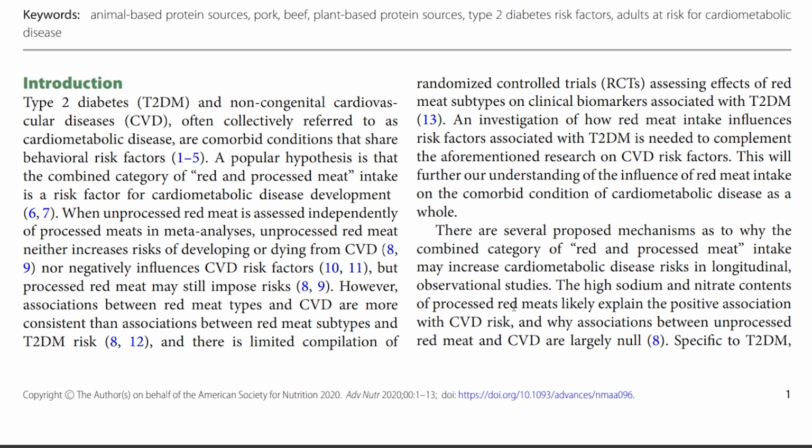The high sodium and nitrate contents of processed red meats likely explain the positive association with cardiovascular risk, and why associations between unprocessed red meat and cardiovascular disease are largely null. So basically these authors are pointing the finger of blame at sodium. They provide one reference in support of that, and in fact there is no evidence to support that sodium is the agent involved on a causal level. So that's a speculation. Anyway, beside the point to this paper really.